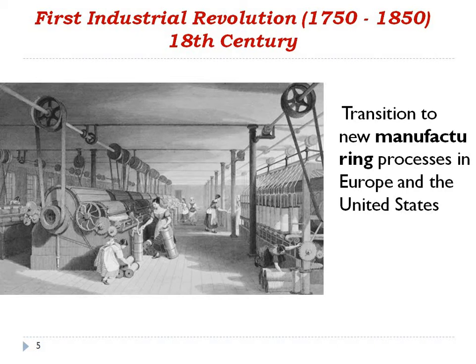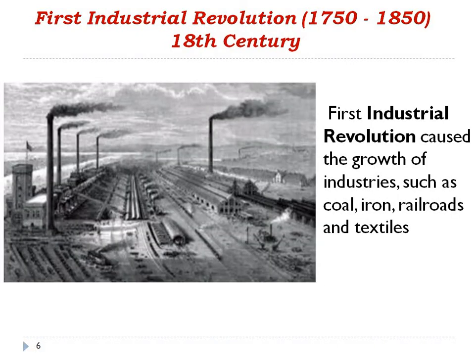During this time there was a transition to new manufacturing processes, especially in Europe and the United States, and it caused the growth of industries such as coal, iron, railroads, and textiles. The first steam engine came into picture at that time only. So you can imagine the pollution started during this time.